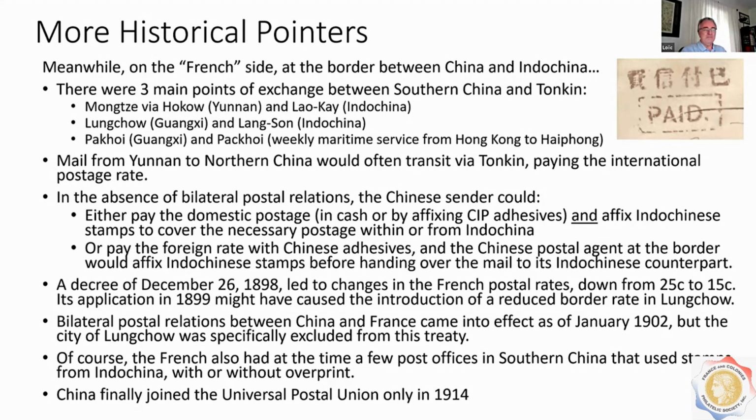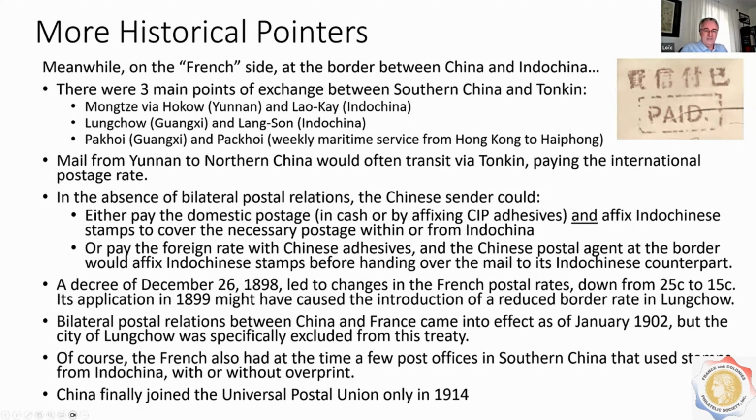Remember also that starting 1900, 1901, 1902, 1903, the French had those few post offices that were managed by Indochina in southern China. You're familiar with all of the overprints from Mongtseu, from Pakhoi, from Hoihow, from Yunnan-Fou, etc., or Canton. And then finally, in 1914, China joined the Postal Union, which put an end to all of this problem of double franking that was quite complicated.